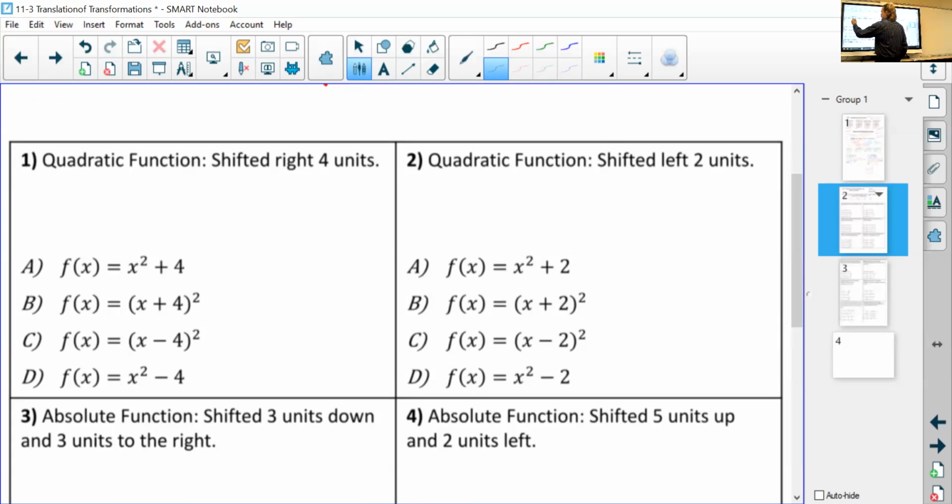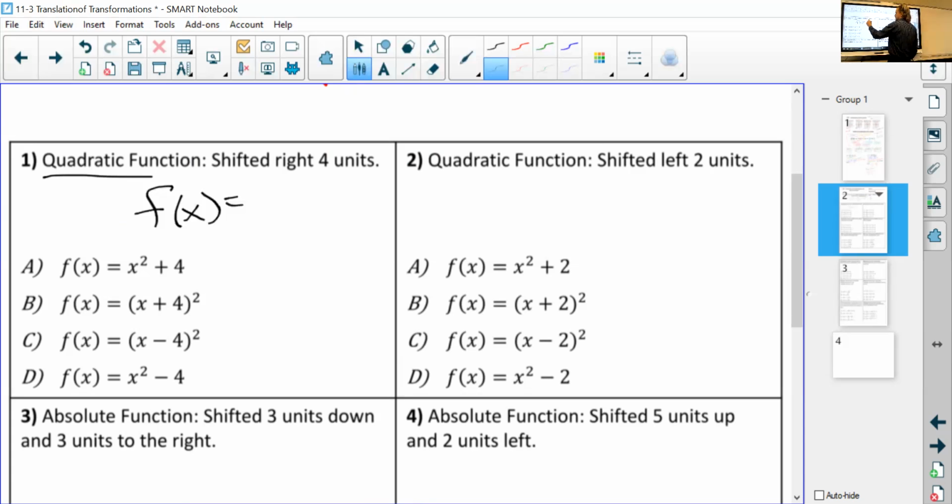So this one just says quadratic function shifted right 4 units. So I know I'm going to need x squared, but that does not eliminate any of our answers, right? They all say x. But if it says shifted 4 to the right, so f of x equals, it's got to be inside what's being squared.